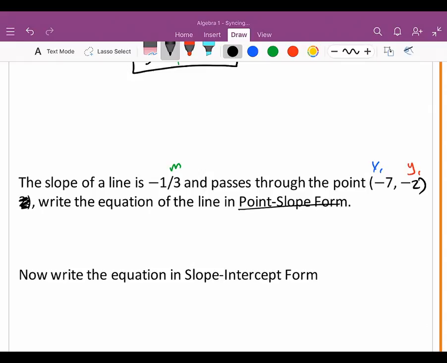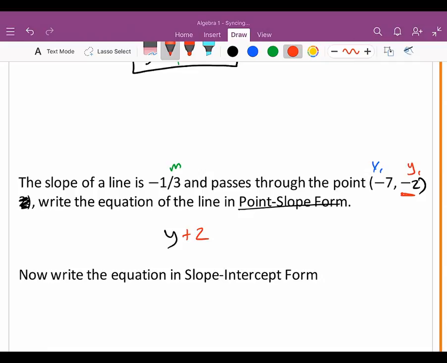So again, if you want to remember the form, it's always y minus the y value. Well, the y value is over here, negative 2. The thing is, I'm subtracting a negative 2. So when you subtract a negative, you can write minus negative 2, but it's the same as just saying plus 2. So kind of think of it as the opposite.